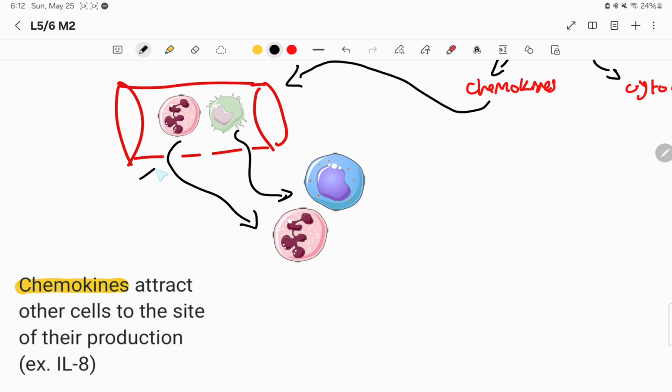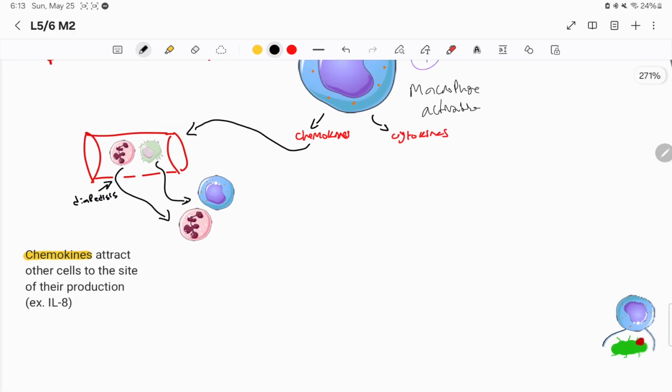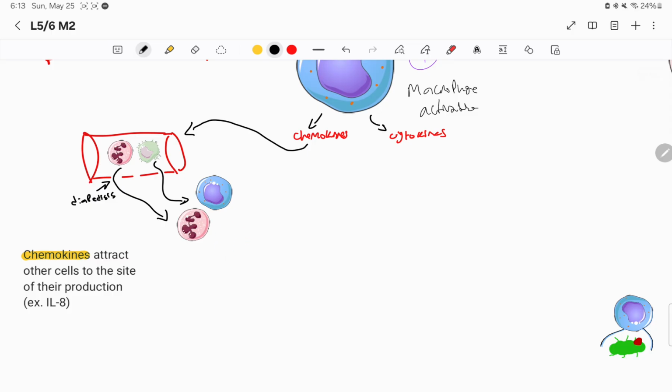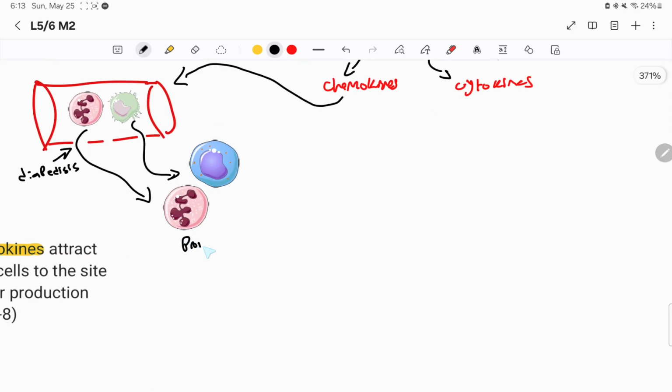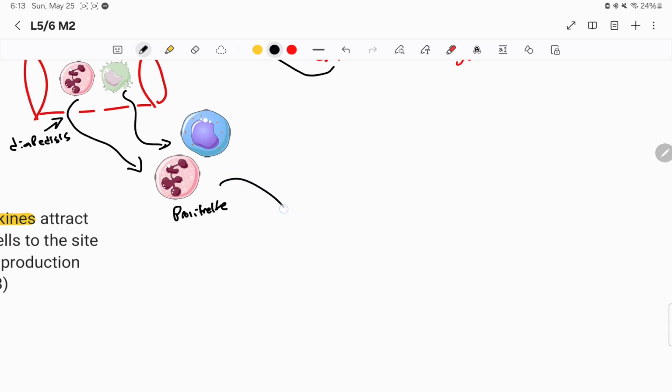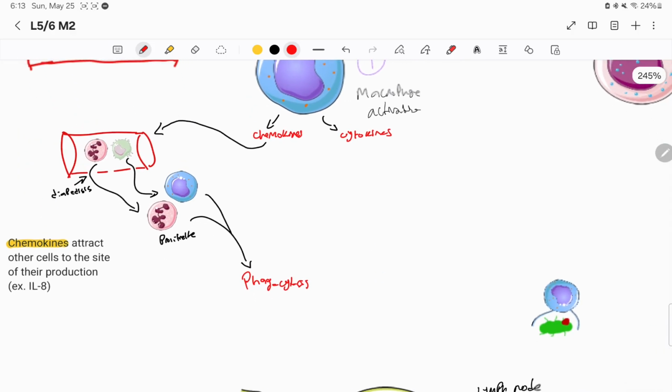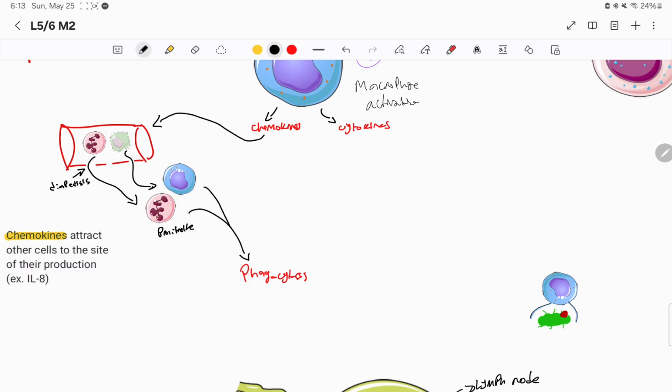And by the way, the process by which they squeeze themselves out is called diapedesis. Once they come over here, they will proliferate a little bit, and then they will go and do their function, which is phagocytosis of the bacteria, the infection, or whatever it is.